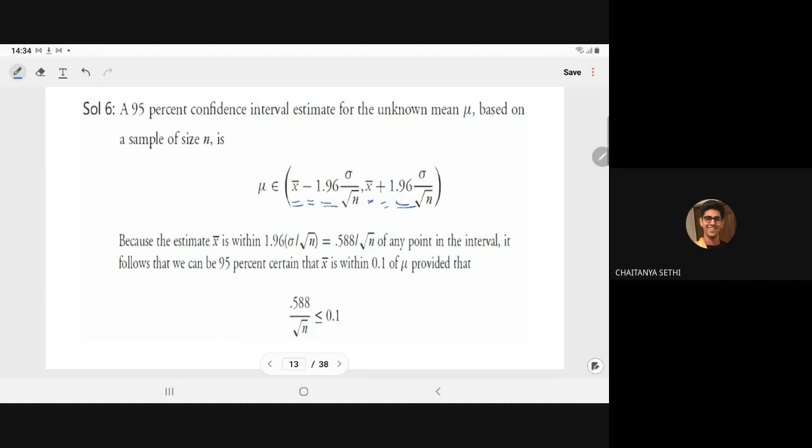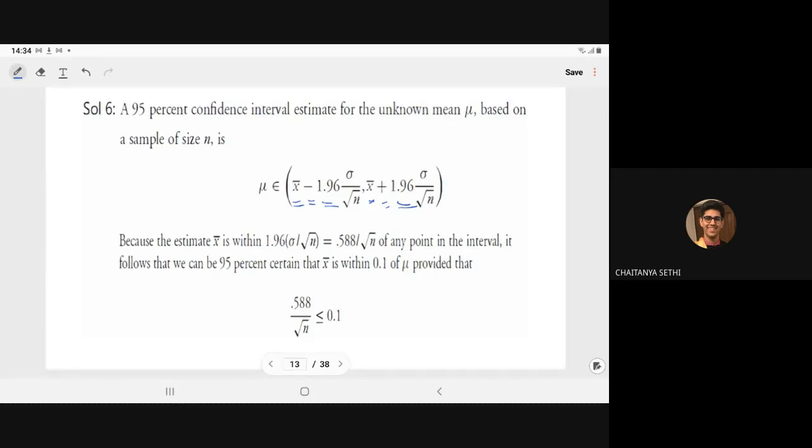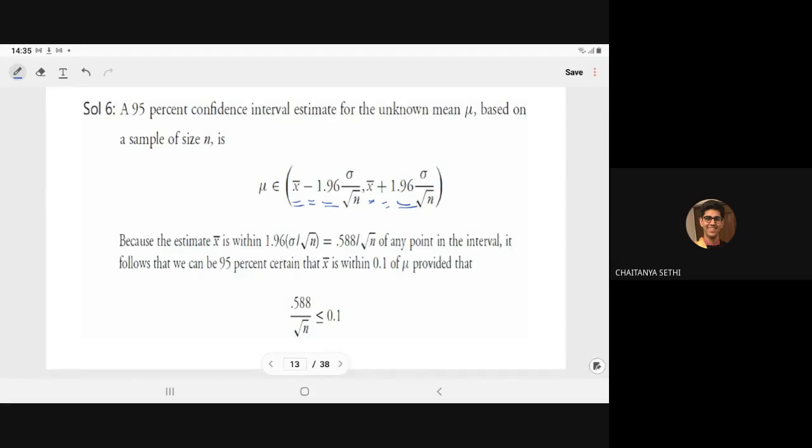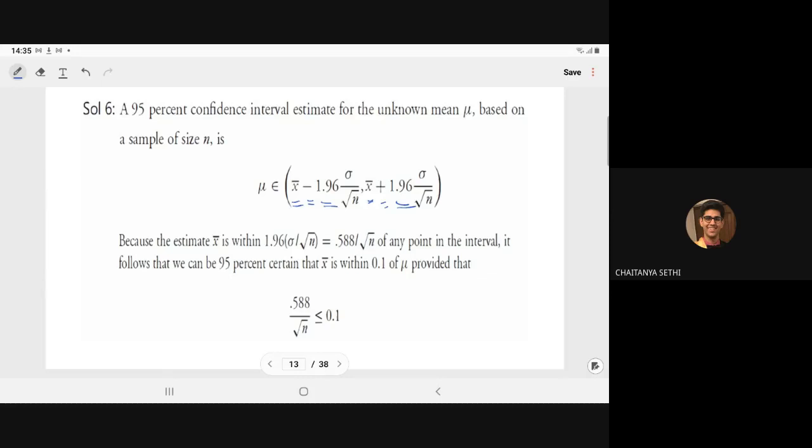Because the estimate x bar is within 1.96 into sigma upon root n, and sigma is given to you, it will become 0.588 upon root n of any point in the interval. It follows that we can be 95% confident that x bar is within 0.1 of mu, provided this limit, they are saying, is 0.1.